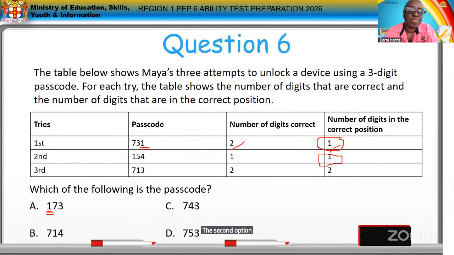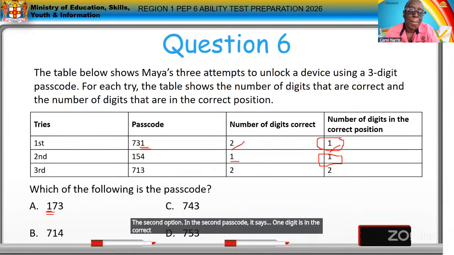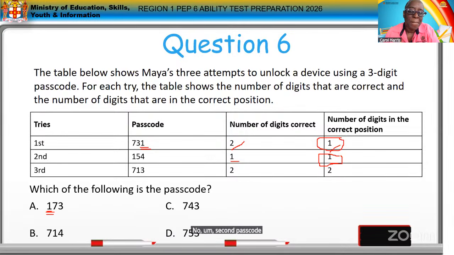In the second passcode, it says 1 digit is correct, and 1 digit is in the correct position. If you look, 1 is the only number from the first try that appears in the second passcode here. They are in different positions. Let's now move on to the third try.